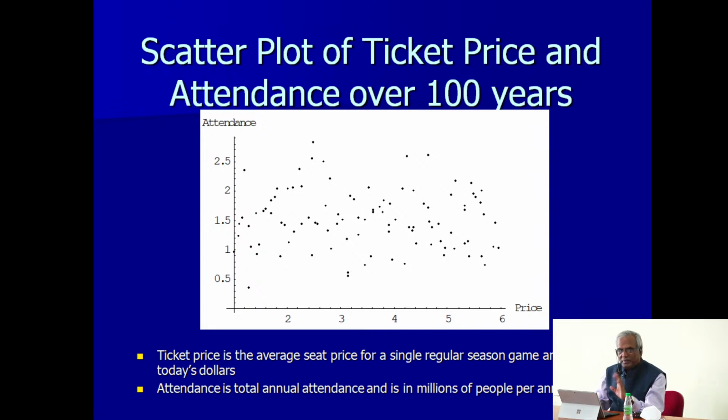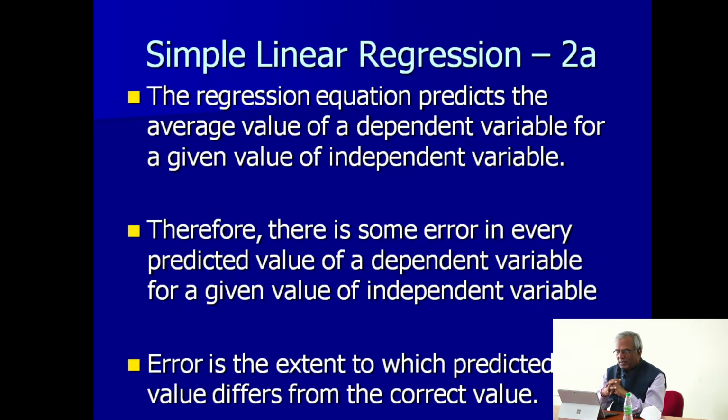So just to remind you, we said the regression equation predicts the average value of the dependent variable. Remember, not 90, not 100, but 95. From the scatter plot, you have to check. Simply seeing that is also enough. But if somebody is not sure, you can use a statistical test.